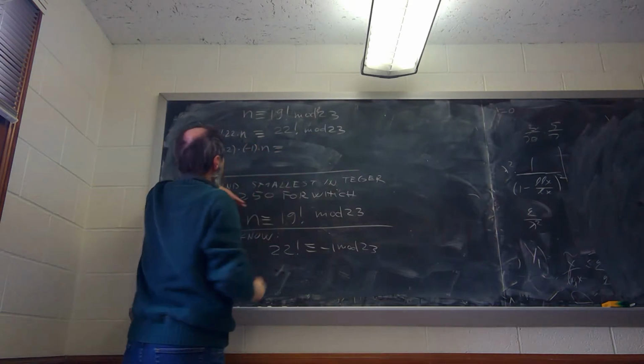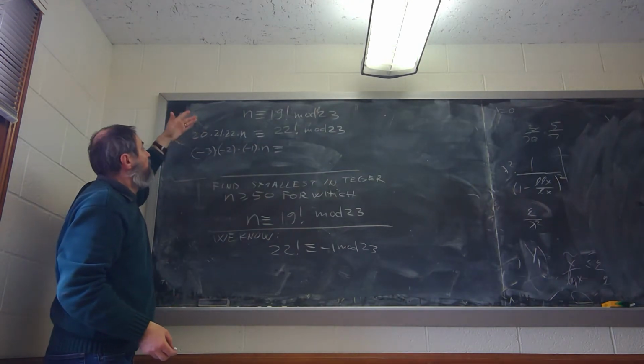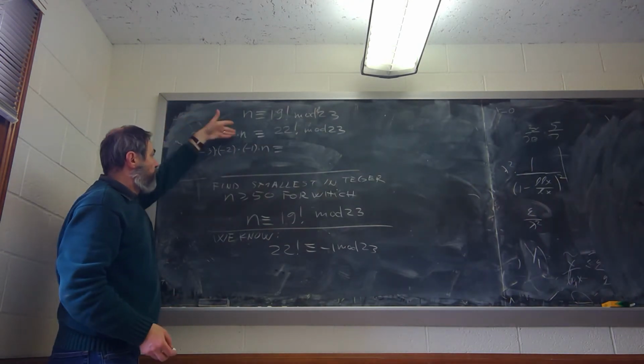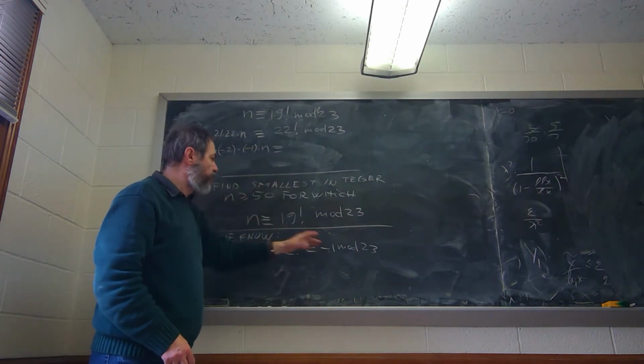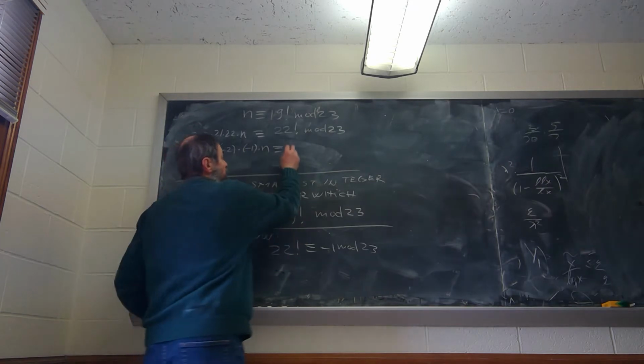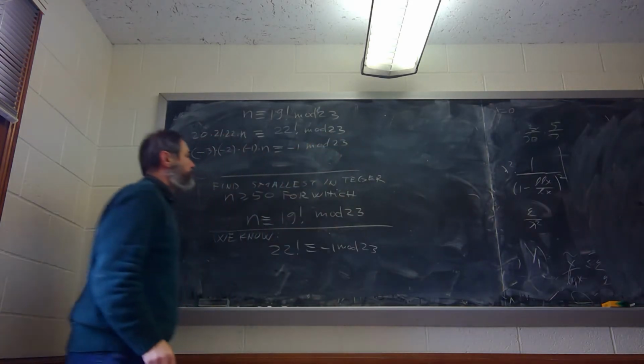It's congruent to, this is congruent to what I have on the line above, to the product 20, 21, 22 times n. And it's congruent to 22 factorial, which we know by Wilson's theorem, it's minus 1. Congruent to minus 1 mod 23.